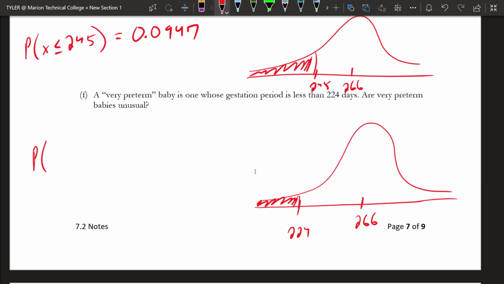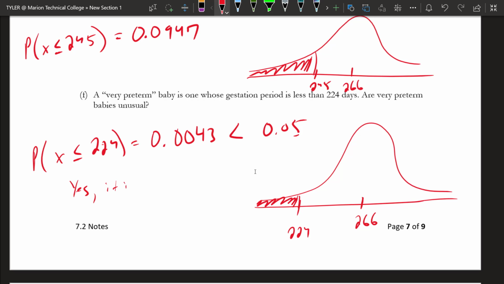So the probability that x is less than or equal to 224, using Statcrunch like we've been doing, is equal to 0.0043, right? So this number is clearly less than 0.05. So we would say, yes, it is unusual, right? Where remember, if that would be greater than 0.05, it wouldn't be that unusual.